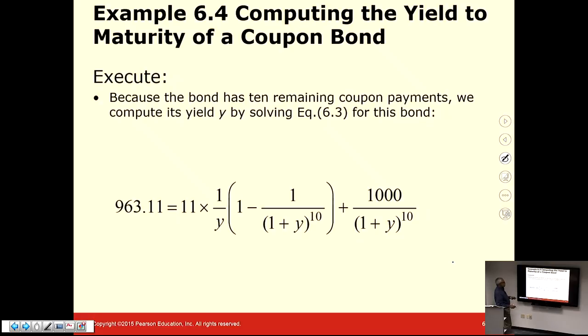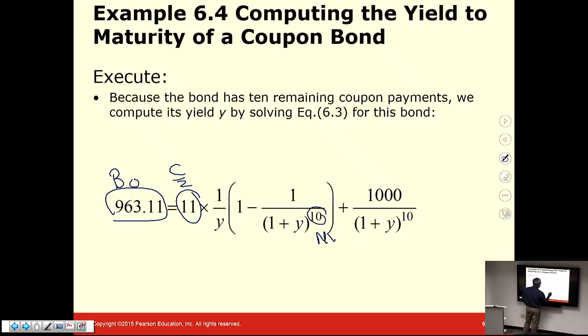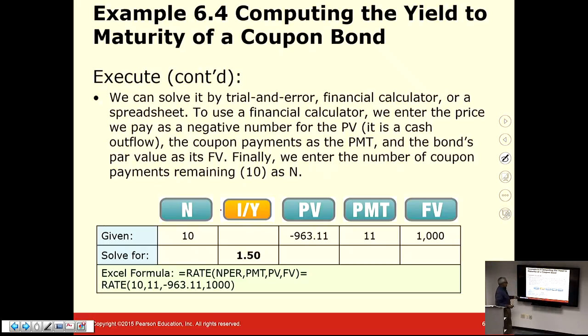So that's essentially what we are having. This is our B0, this is C over 2, this is N times 2, this is my future value. What's my unknown? I'm solving for Y. So it's 1.5% as we just did, but we have to then multiply this by 2 because it was a semi-annual bond.